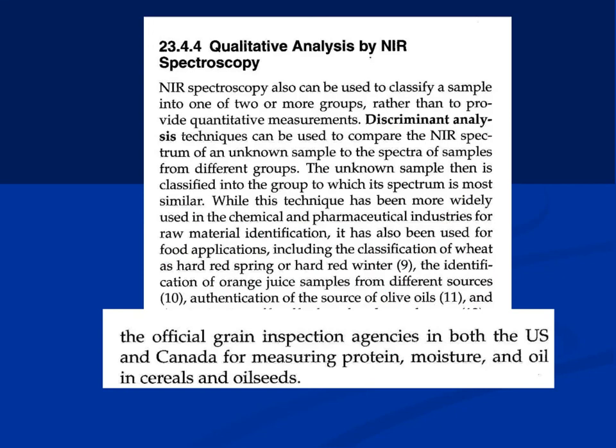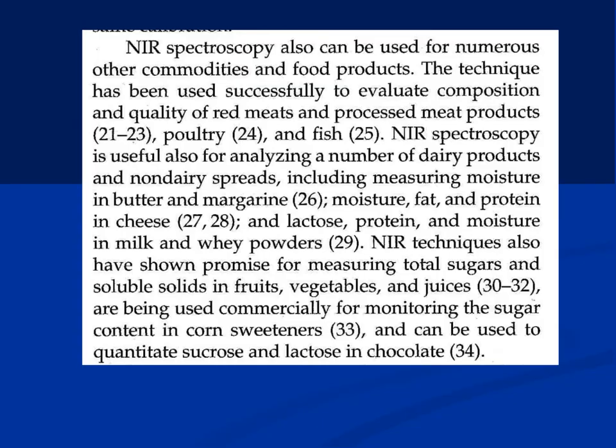These techniques are really powerful and they are very quick. Protein, moisture, oil in cereal and oil seed is also determined. It's also used to inspect those things in the US and Canada. So NIR is a good technique, and you buy these equipments, and now they are very standardized.